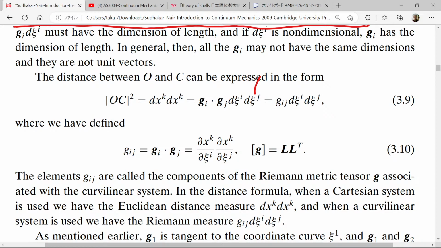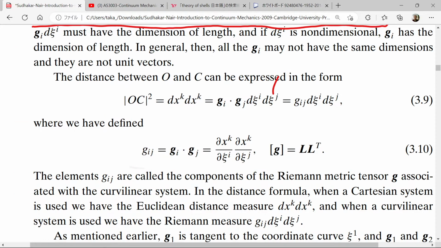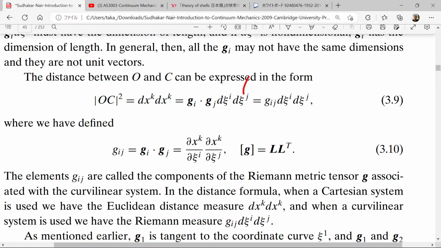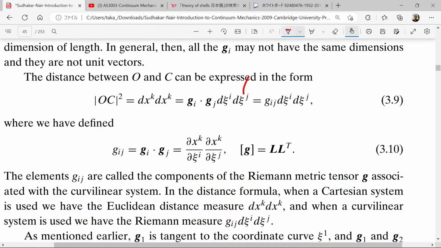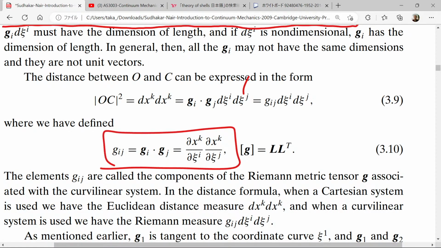Yeah, this is this part. So we obtained this one. Then the question is how we obtain this one.